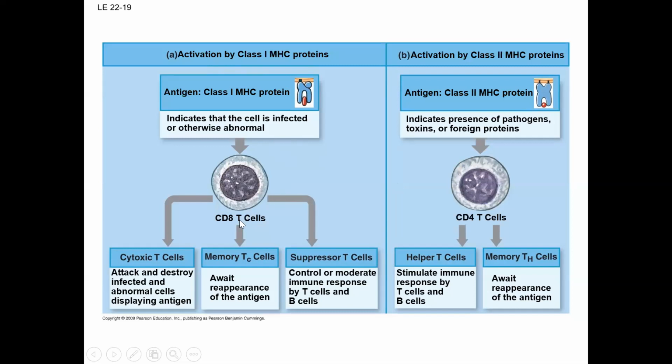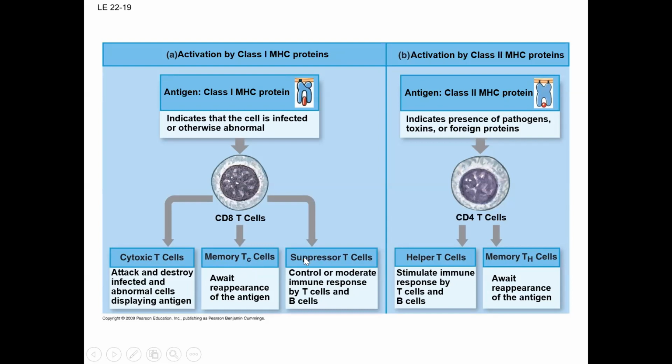T killer cell is also called CD8 cells, and it's also called the cytotoxic T cells, which can directly destroy these abnormal cells by releasing perforin. At the same time, it's going to save some T cells as memory cells for the future.